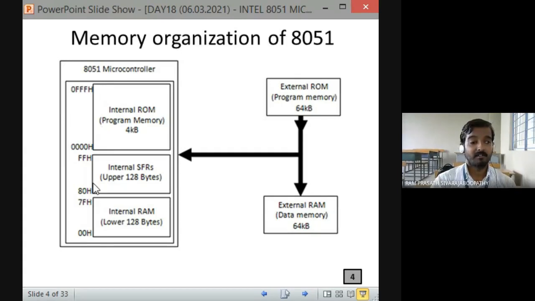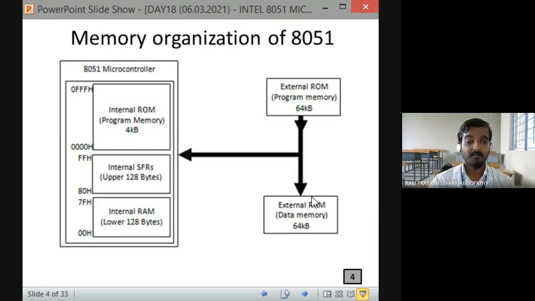Fine. What about the address bit size to address the internal RAM? On-chip RAM. Yes, 8-bit address. Is it clear to all of you? What about the number of address bits for addressing the external memory, whether it is ROM or RAM? External program memory or data memory, the size of the address is 16-bit.